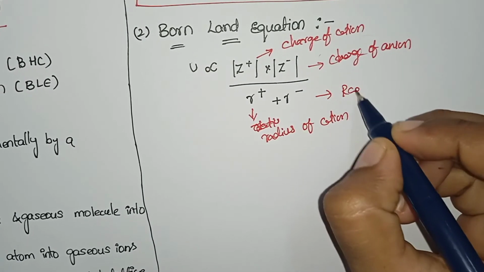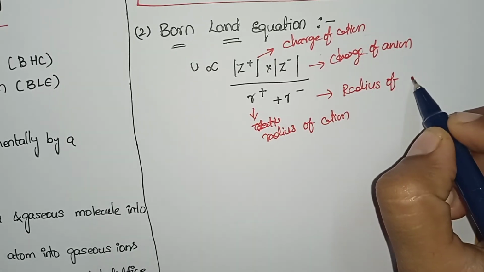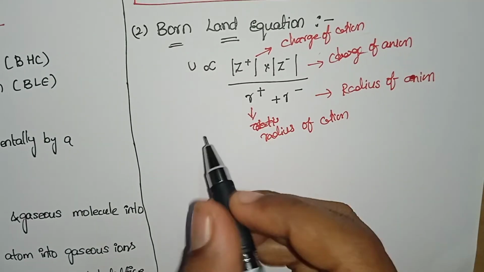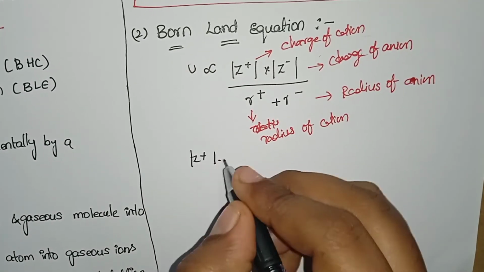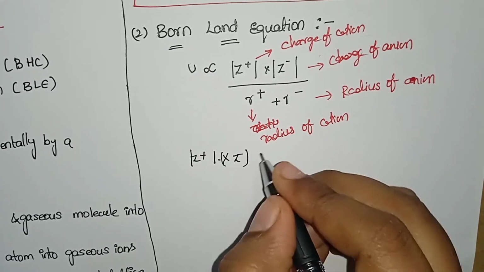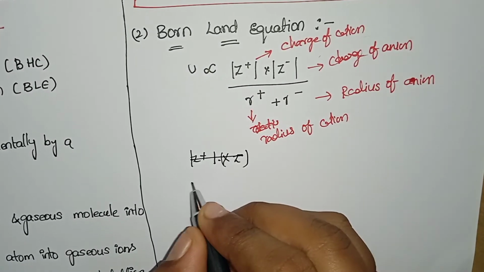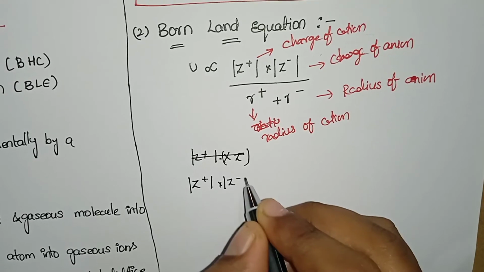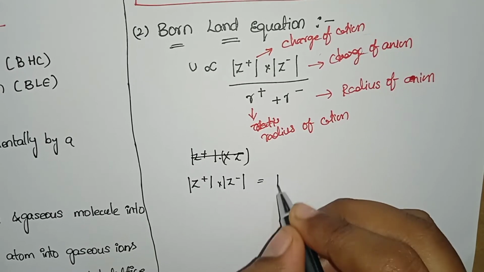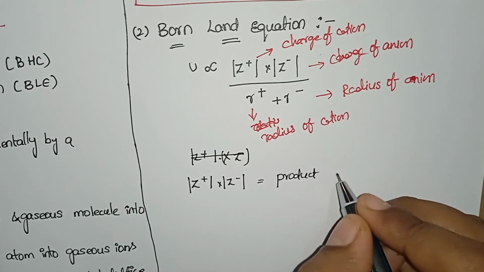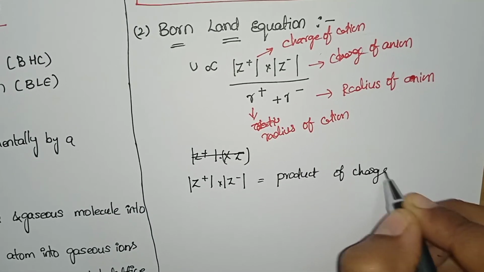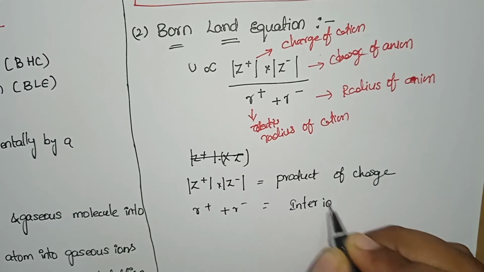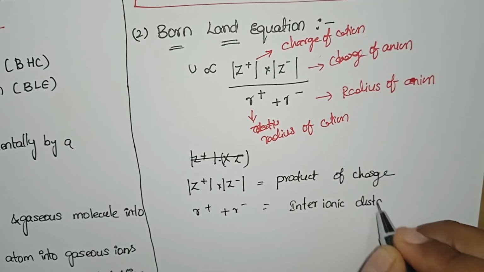R minus is radius of anion. Z plus into Z minus is the product of charges. R plus plus R minus is the interionic distance.